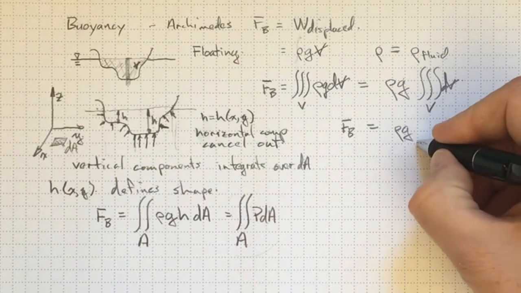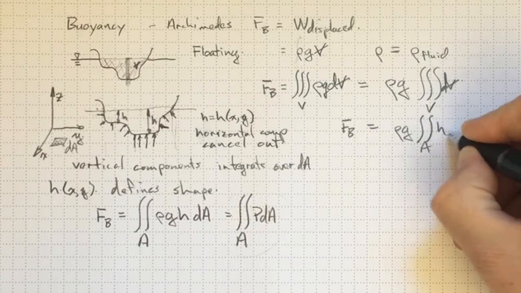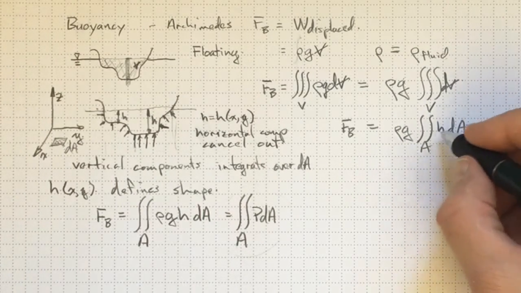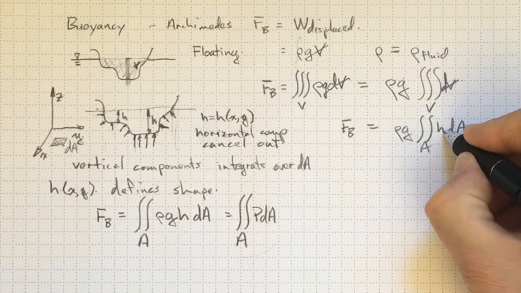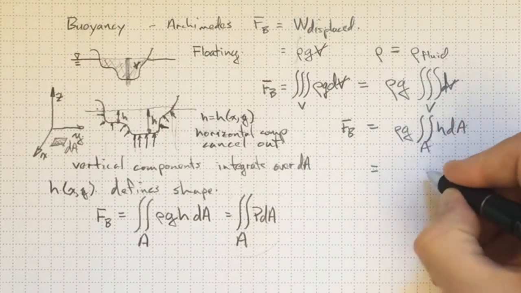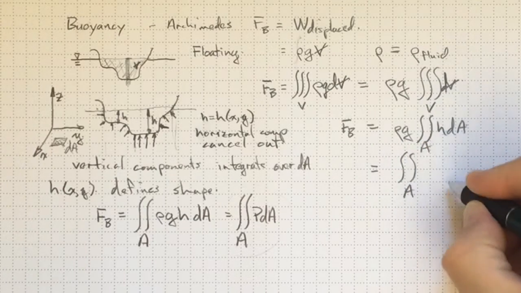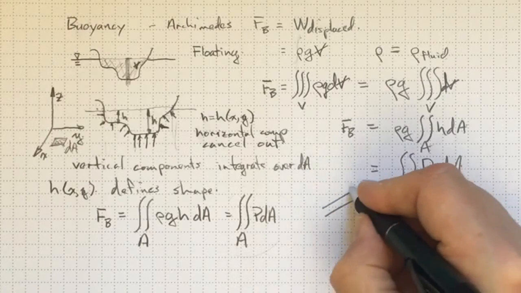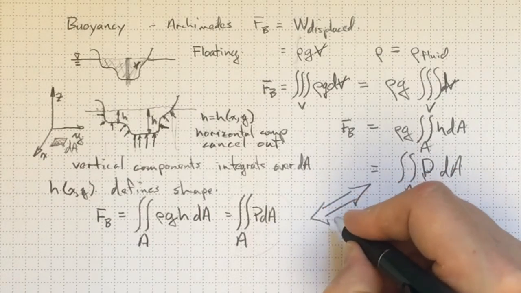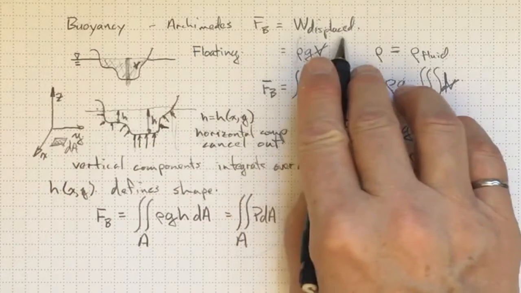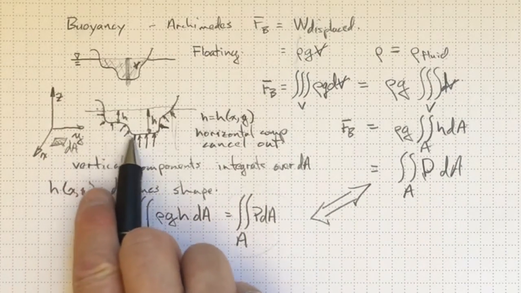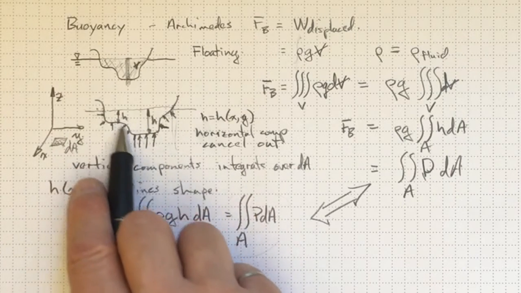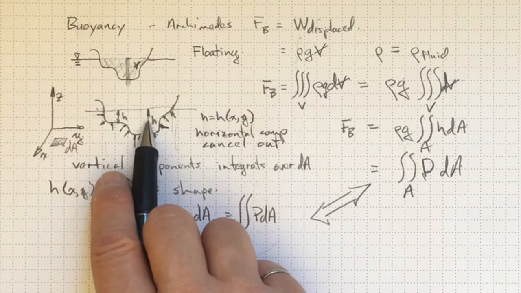So that would be the integral over the area of rho g h dA, or since rho g times h is the pressure locally, that'll be equal to the integral over the area of P dA. And those are exactly the same thing, whether we start from thinking about what's going on with Archimedes, or whether we start from thinking about a distributed pressure force acting over an area which is supporting this thing that's floating in the water.